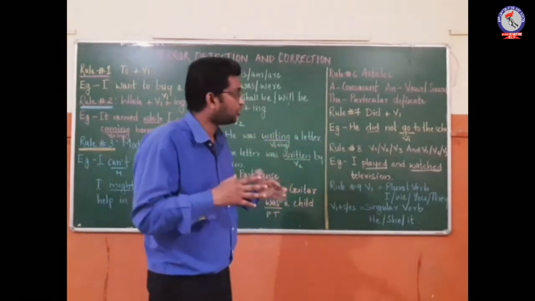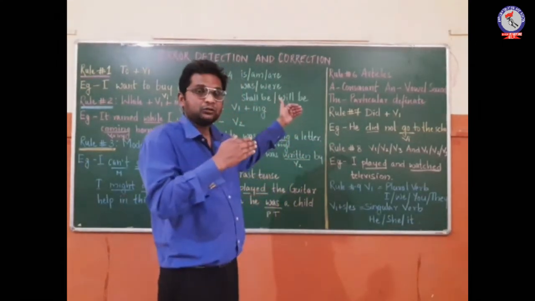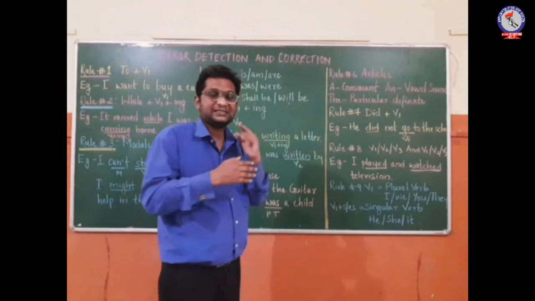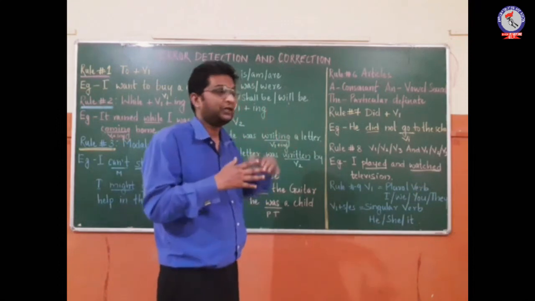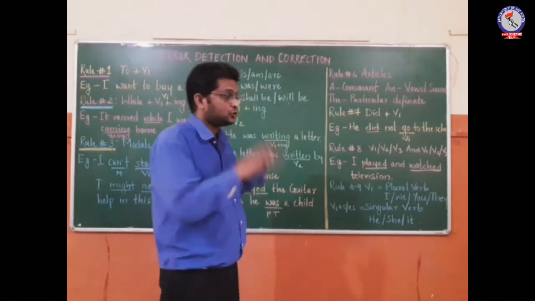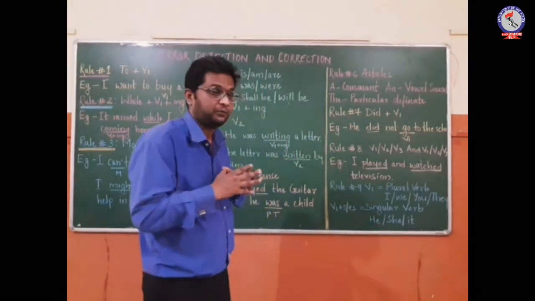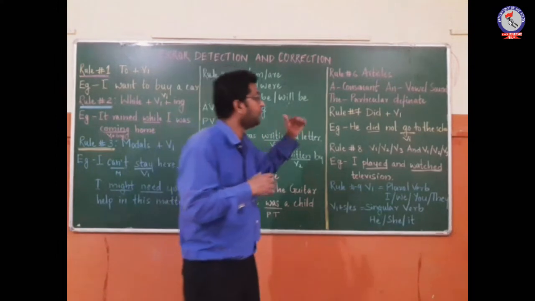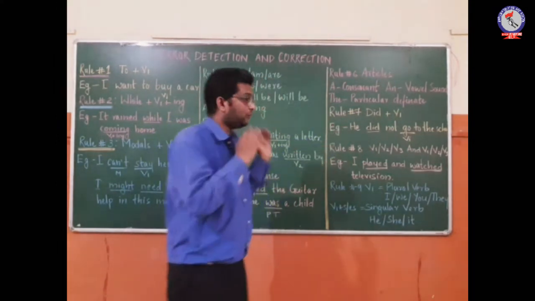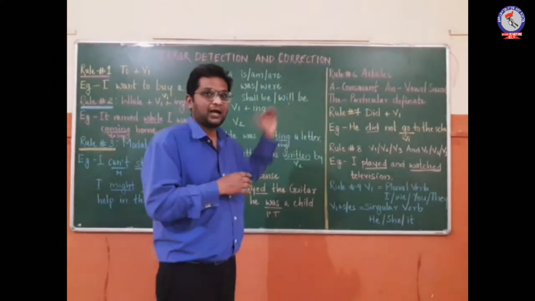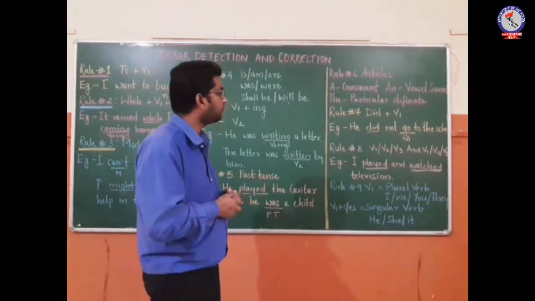Whenever you come across did and verb form second or verb form third, it is grammatically wrong. So therefore, you have to correct the form of verb. So always with did comes the first form of verb.